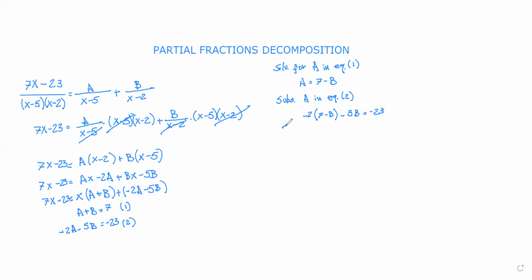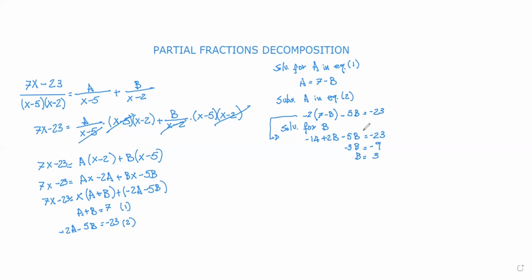So now we have to solve for B. In this equation right here, first we have to multiply this and get negative 14 plus 2B minus 5B equals negative 23. And right here we get negative 3B equals negative 9. And here we get B equals 3.